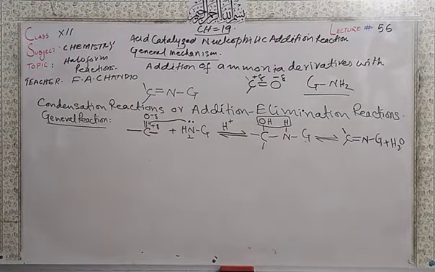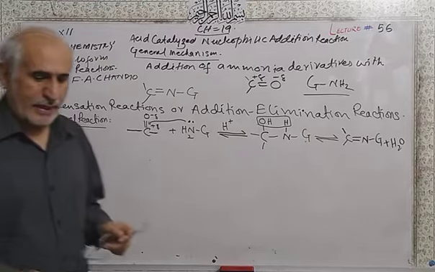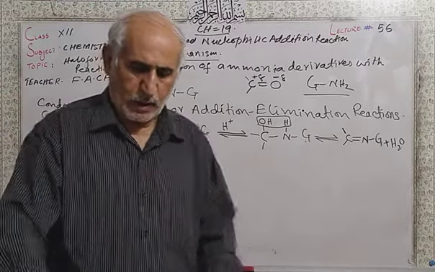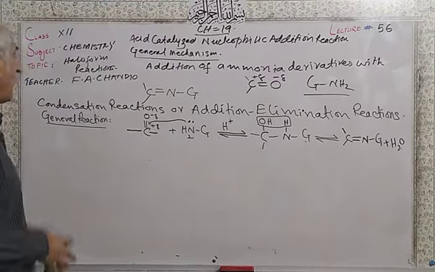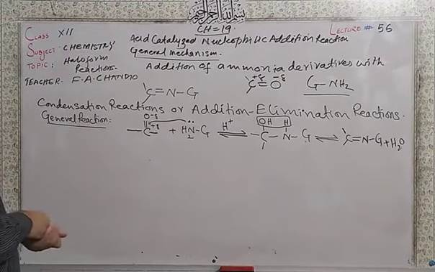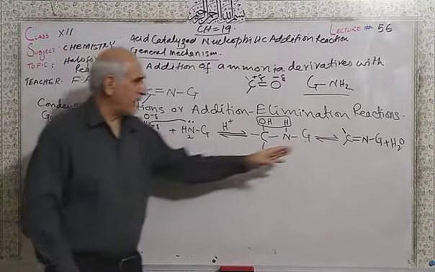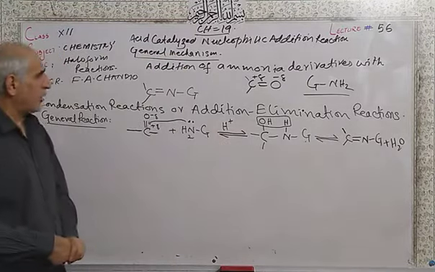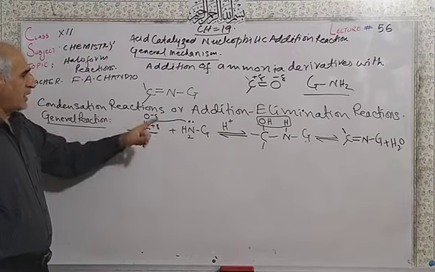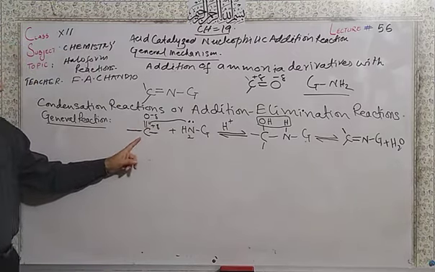This is the general mechanism for ammonia derivatives, acid catalyzed nucleophilic addition reactions. I explained the general mechanism, and you will get this C=N-G product, formed from the carbonyl group.